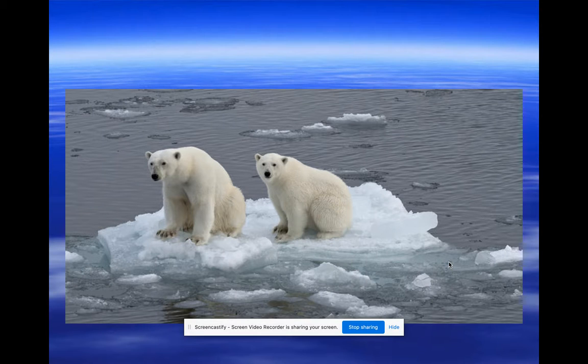These polar bears, they look kind of solemn right here, floating on a piece of ice, which is another issue. Ice is melting and it's killing the polar bears. But let's talk about why they have white fur. They have white fur to help them blend into the snow background. And that gives them an advantage in hunting their prey. The prey can't see them as well.